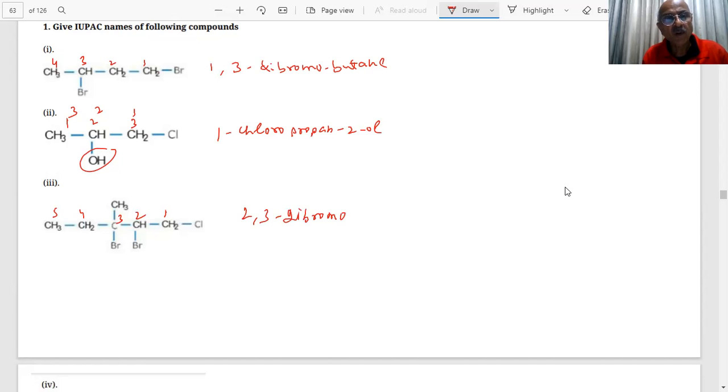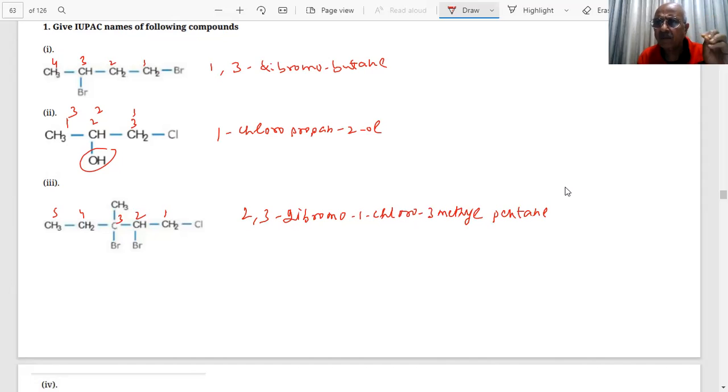2,3-dibromo. Further, one may not write 1-chloro, 3-methyl pentane. Why do we give practice? Because certain errors could be there. They give a question in the paper, but there will be some trick.